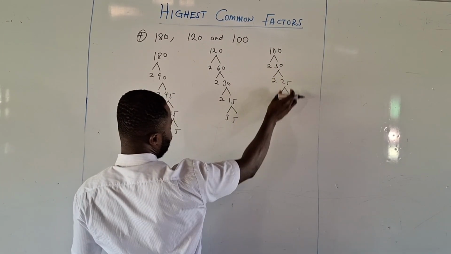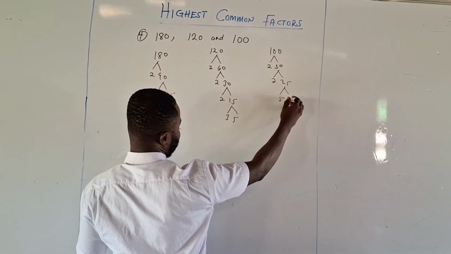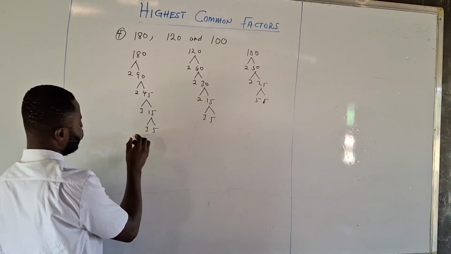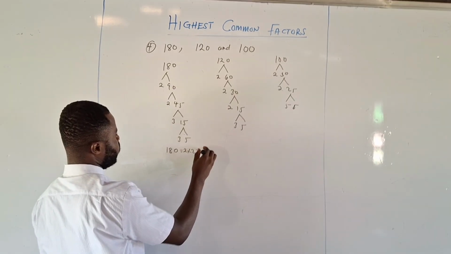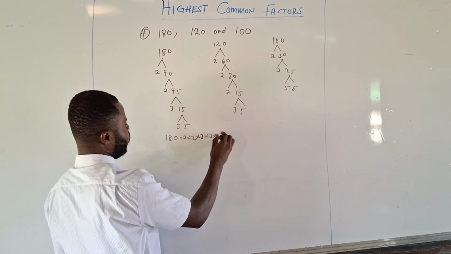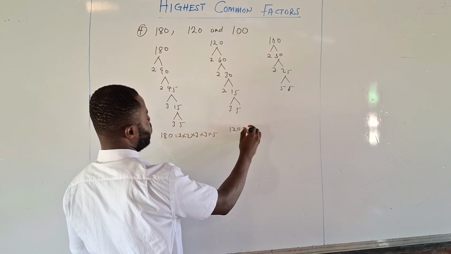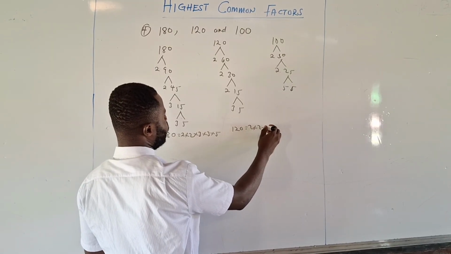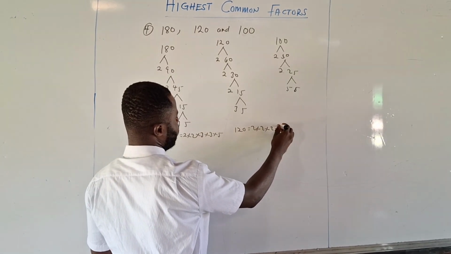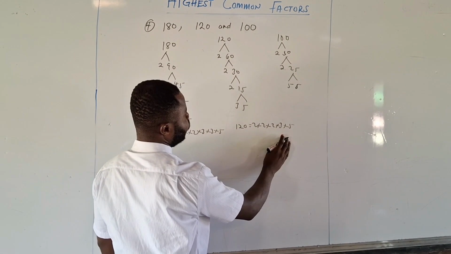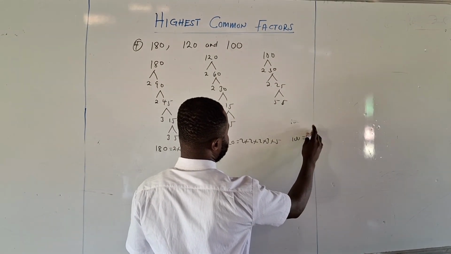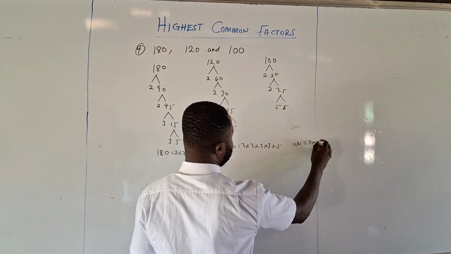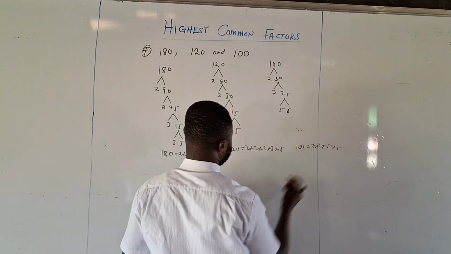Yes, we can use 2, and 5 and 5. So 180 gives us 2 times 2 times 3 times 3 times 5. Then 120 gives us 2 times 2 times 2 times 3 times 5. Then 100 also gives us 2 times 2 times 5 times 5.